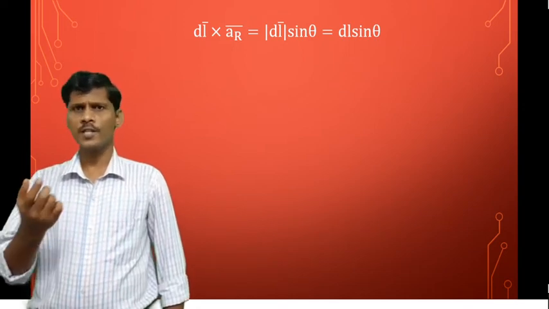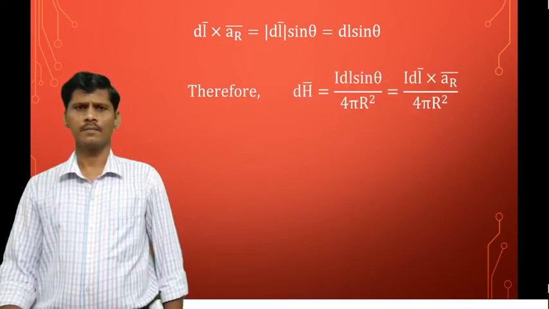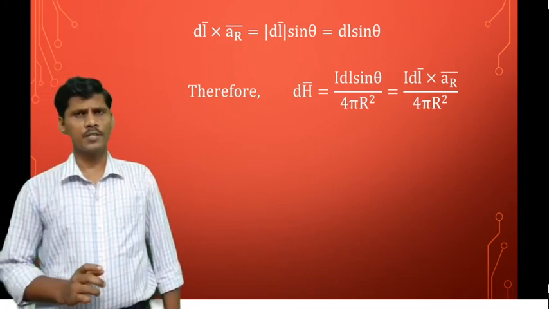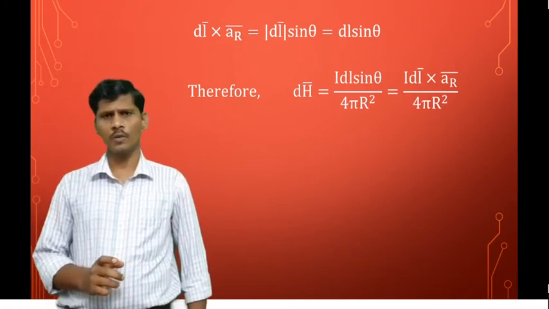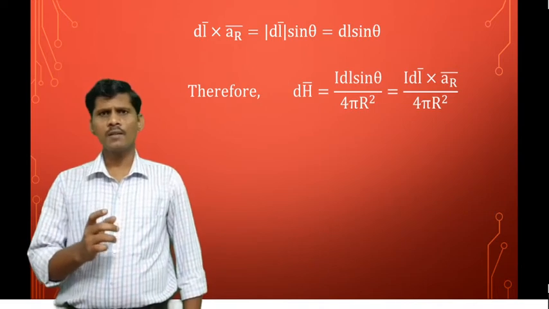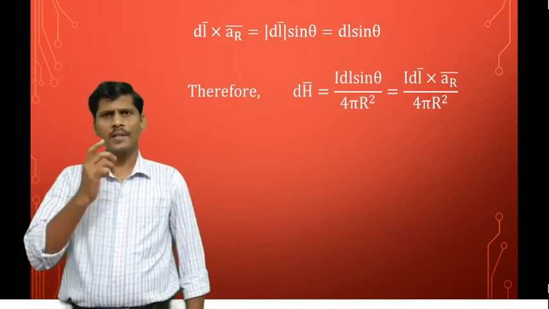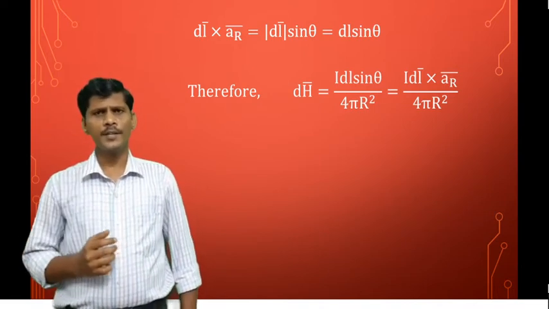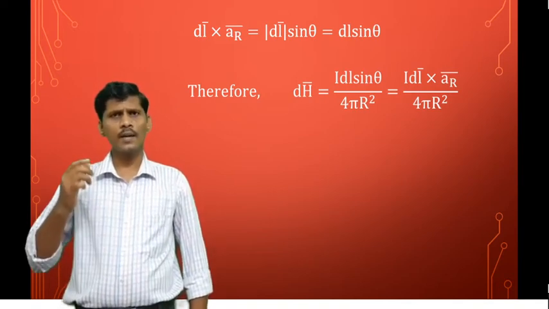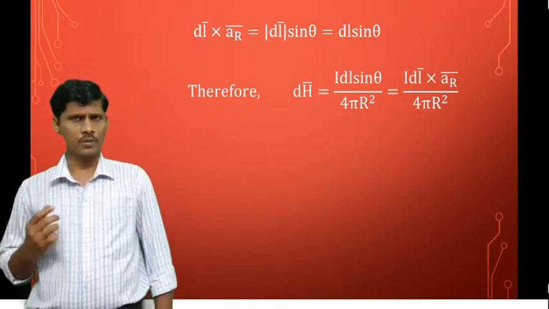Therefore, what is the magnitude of the magnetic field intensity? dH is equal to I dl sin theta by 4 pi r square.